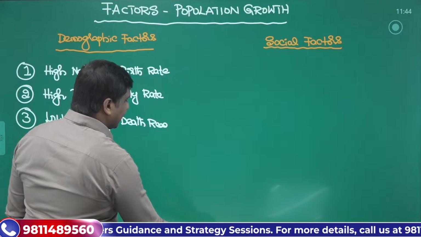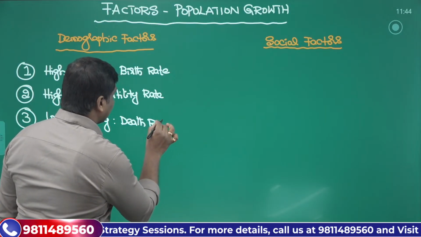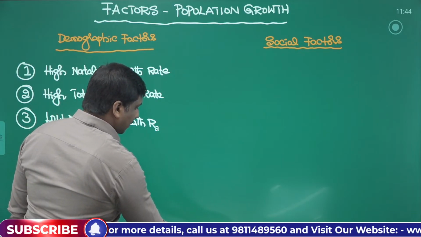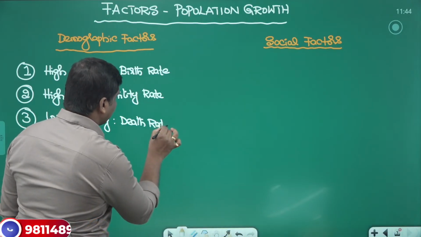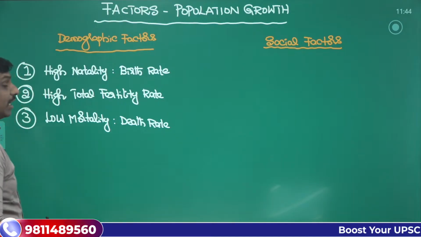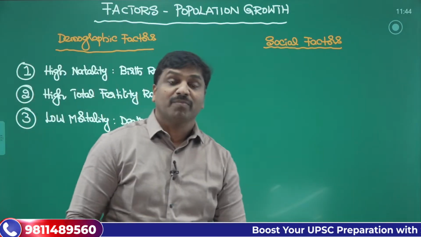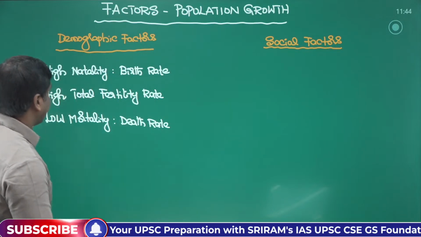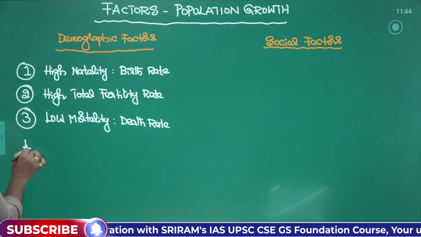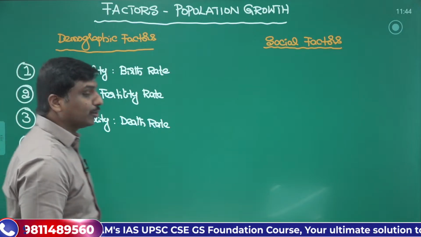So why is the death rate less? Because of good medical facilities like that. So this is one other important aspect. So that is one factor responsible for population growth.